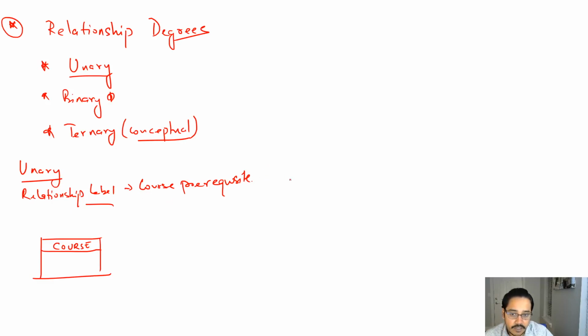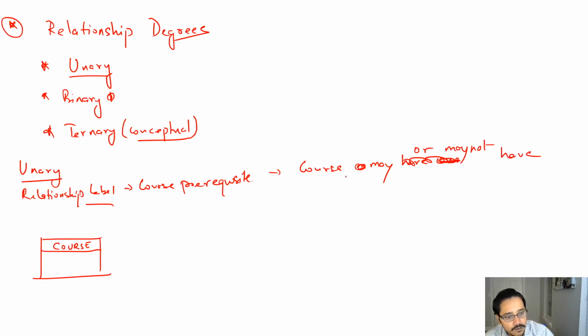That is the first one. So the connectivity in one direction is a course can have, let's write down the business rules. A course may or may not have one or more courses as prerequisite.